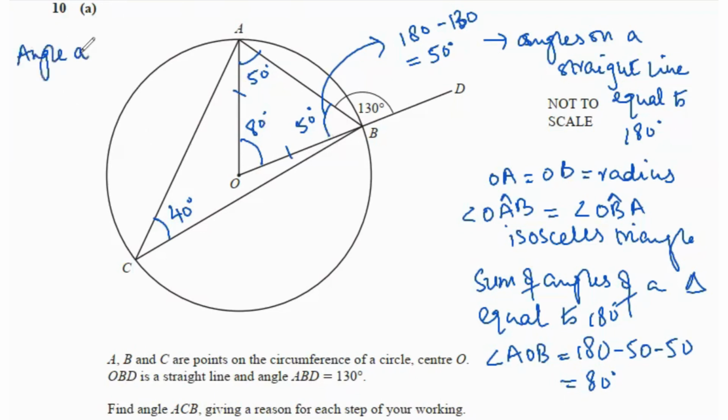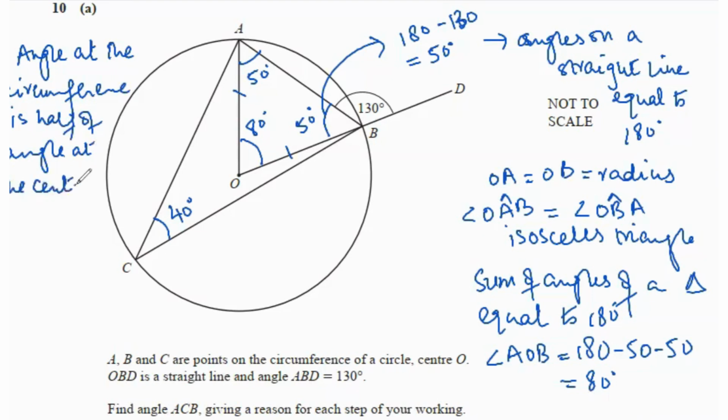Angle at the circumference is half of angle at the center. This is one of the circle theorem rules. So angle ACB is 80 divided by 2, which is 40 degrees.